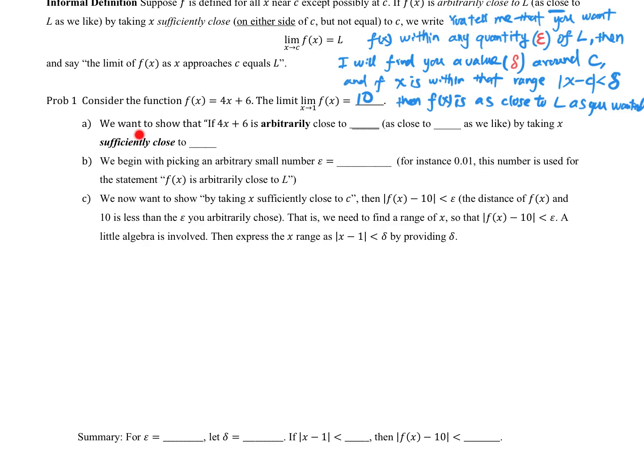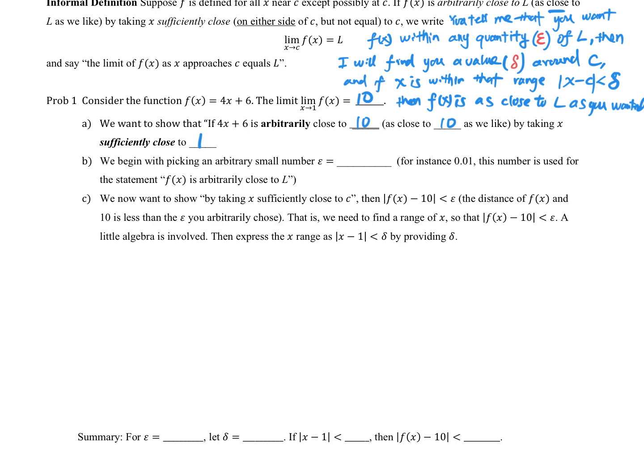This is what we want to show: that f of x equals 4x plus 6 is arbitrarily close to 10, as close to 10 as we like, by taking x sufficiently close to 1. If we are able to show that, then that tells me the limit is 10.